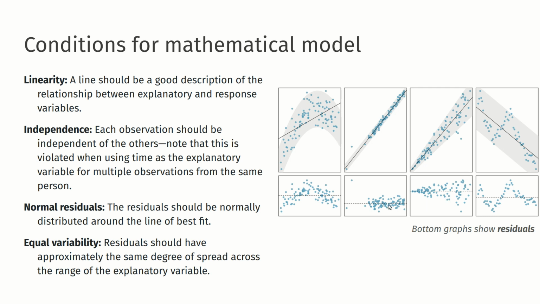We can see that on the bottom graph, where the residuals are not evenly distributed across the range of the explanatory variable. Here they fan out, so you get more and more noise, more and more error as you go. And here the error fluctuates in a seesaw pattern around the line.